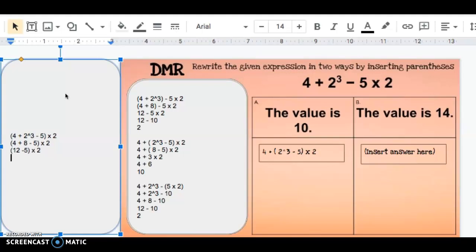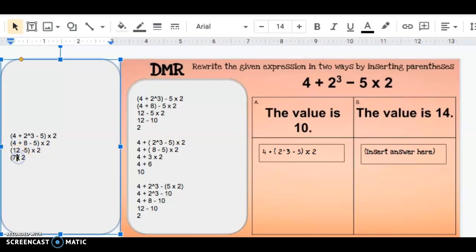Now I still have parentheses, so I still have to solve them. 12 minus 5 is 7. Now I can take the parentheses out because there's nothing left inside them. If you wanted to, you could put parentheses around that 7, but you're still going to be multiplying it by 2, so that's the same thing as saying 7 times 2.